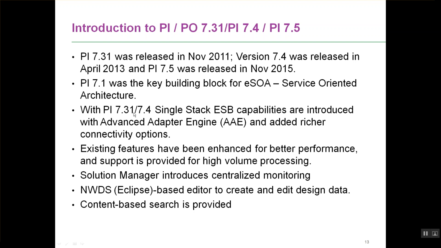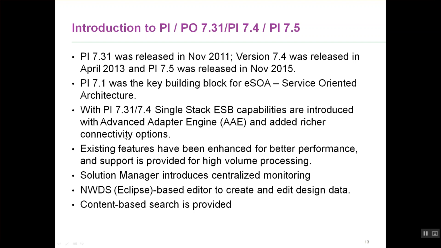But with PI 7.31, SAP introduced a new installation option for PI that was called a single stack or a Java only PI. What that meant is all the functionality that was being done on the ABAP stack of PI was now possible on a Java only PI, which made customers' life easy from a monitoring perspective, from a hardware perspective, and so on.